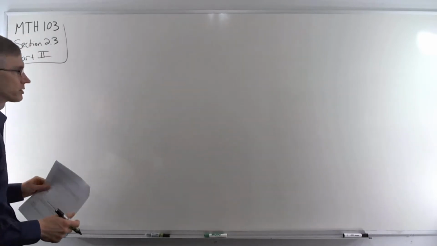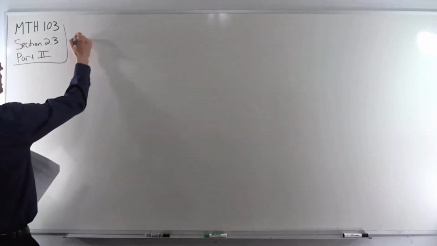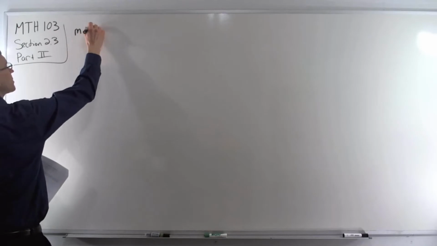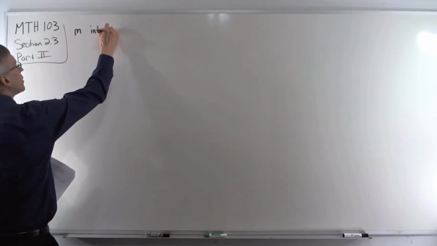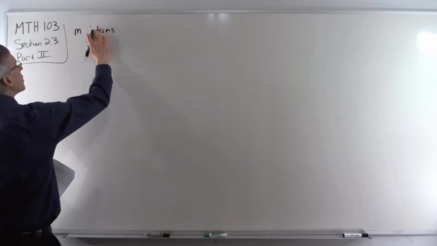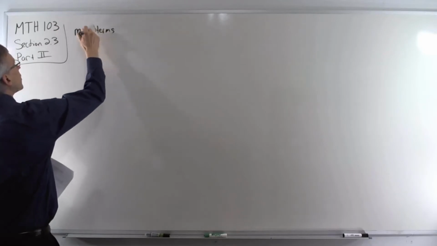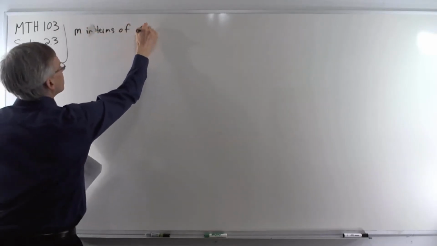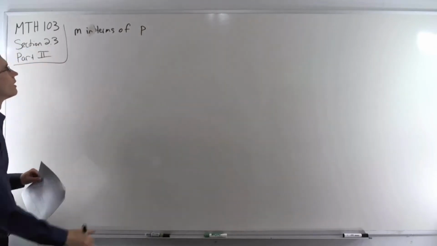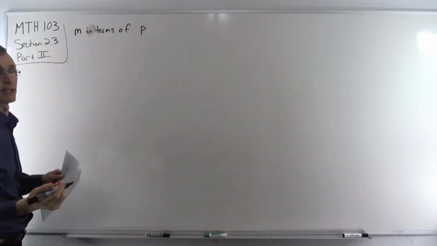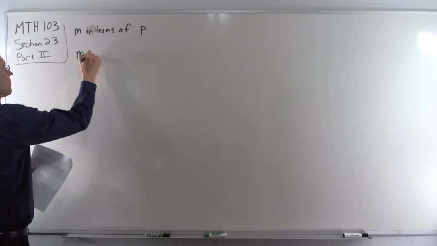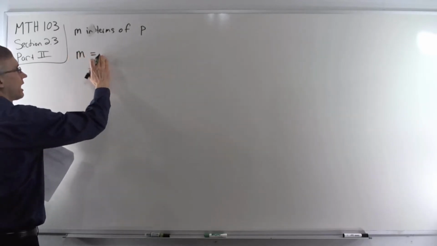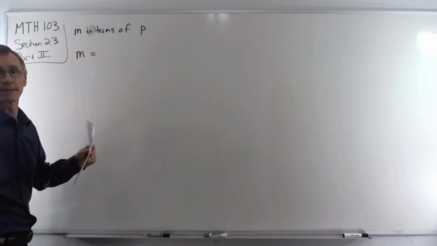So let's say I wanted to express the variable m in terms of the variable p. You can think of "in terms of" as being like the equal sign. M in terms of p, and then I'm going to have some expression over here with some p's in it.